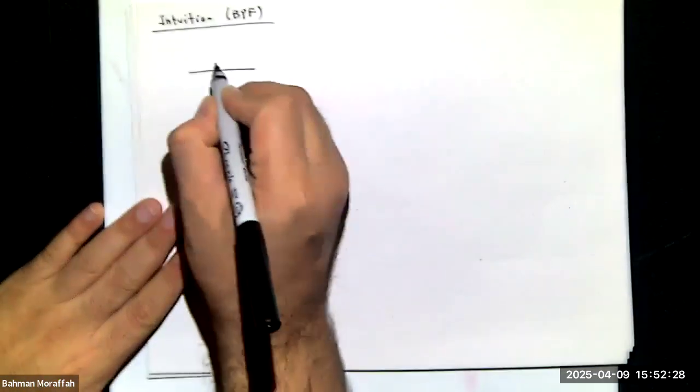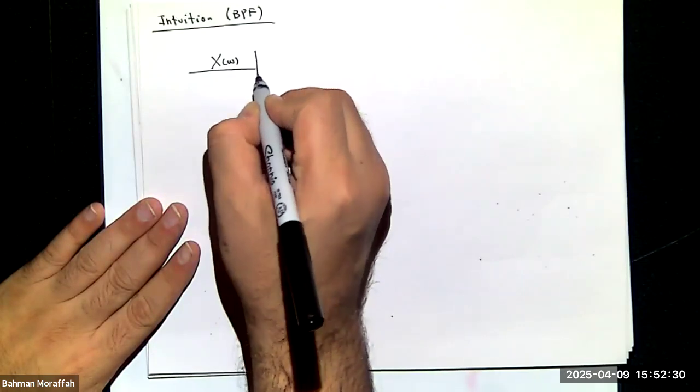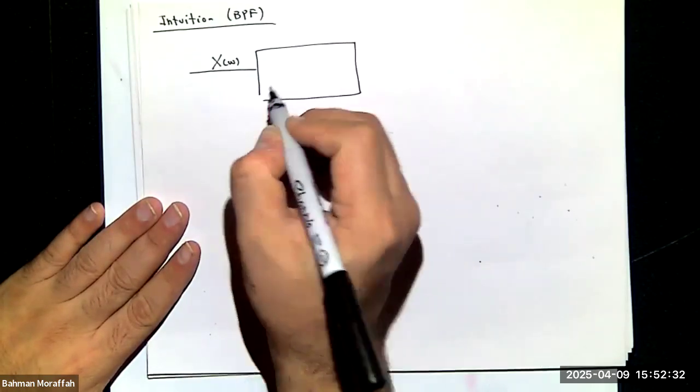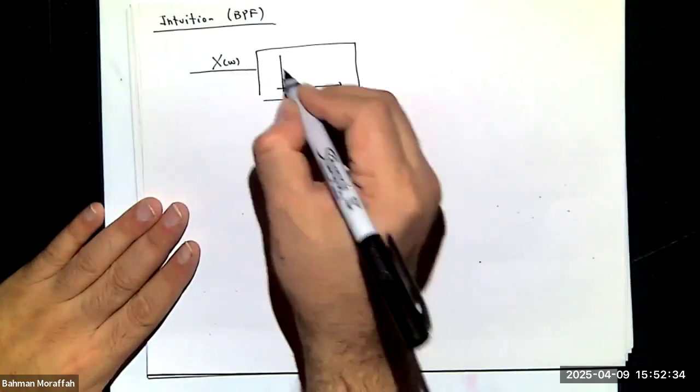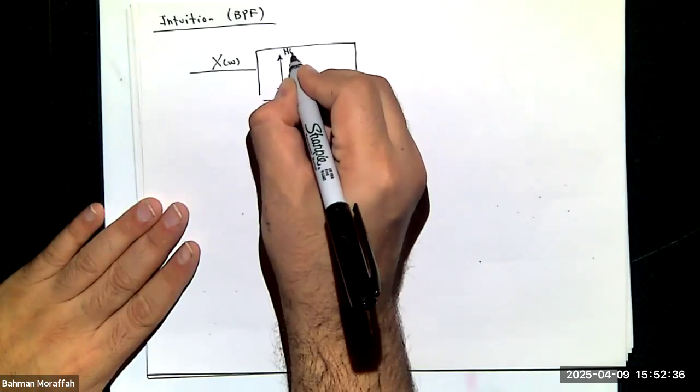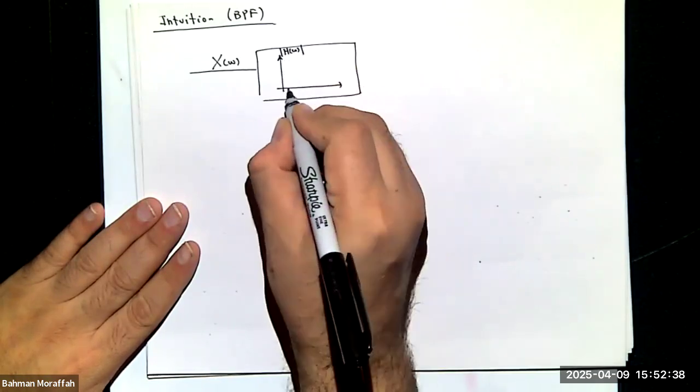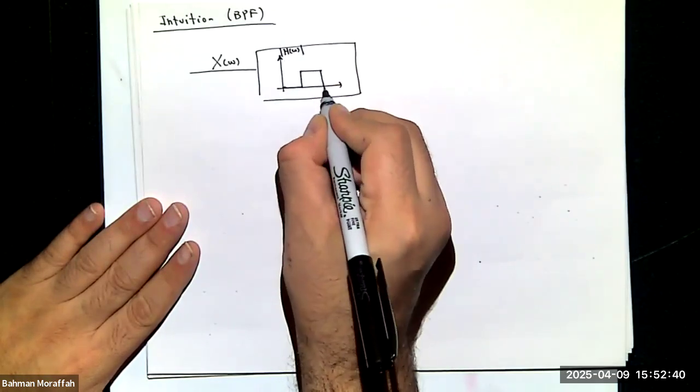It keeps a range of frequencies and rejects whatever is outside that range. So if I have my system with an ideal frequency response, it should be something like this.